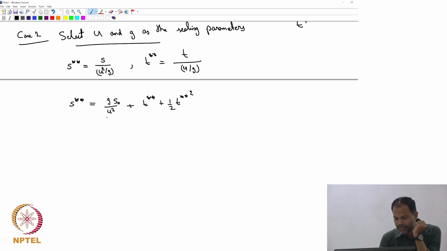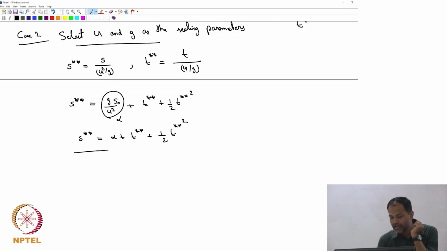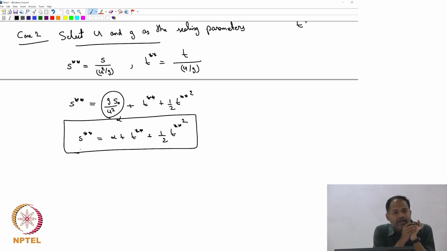Okay, so this parameter is what we had originally identified as alpha, right? So we have really gotten S double star is equal to alpha plus T double star plus half T double star square. Okay, again we have got a non-dimensional equation, which is again parameterized only by that parameter alpha. Though it appeared differently because we have now scaled it differently. We have chosen different set of scaling parameters.